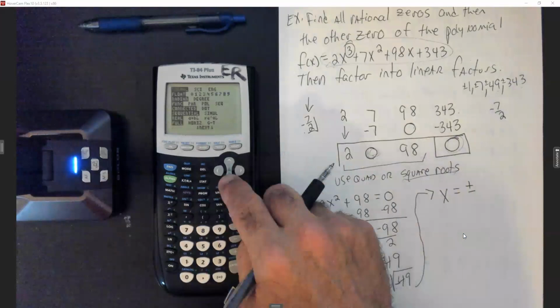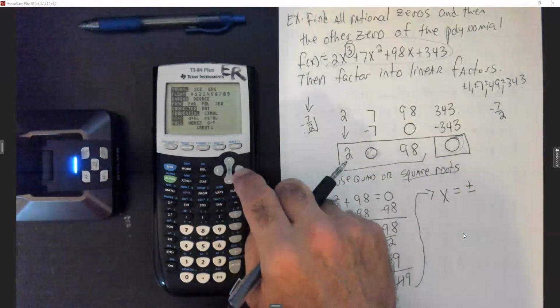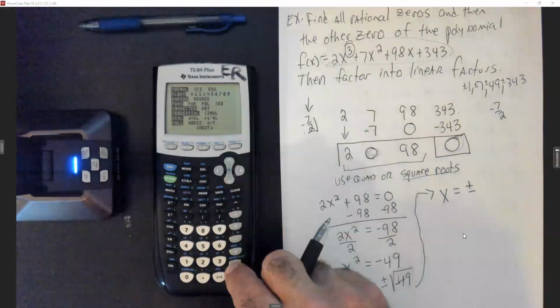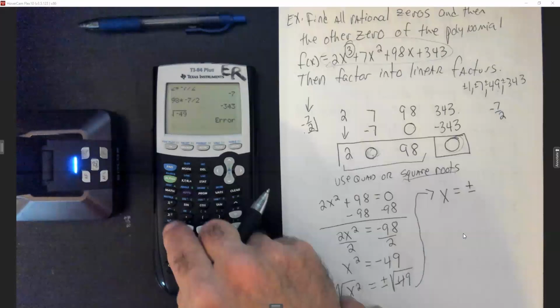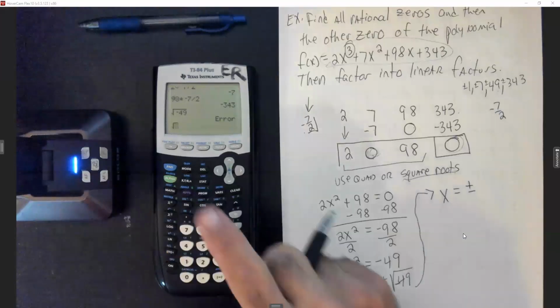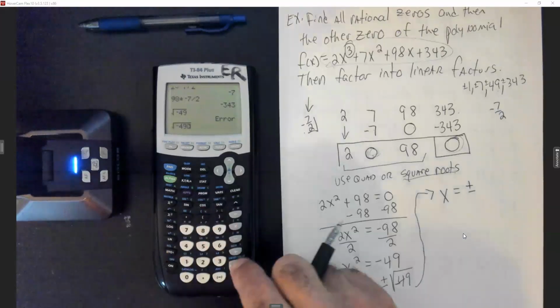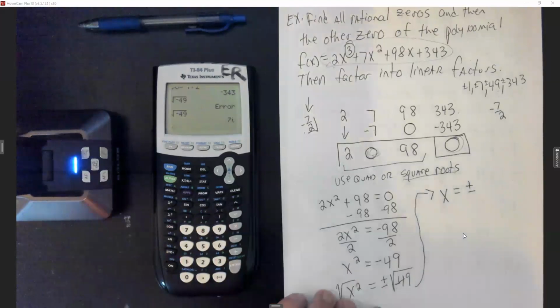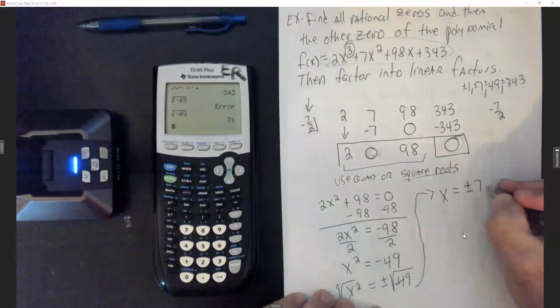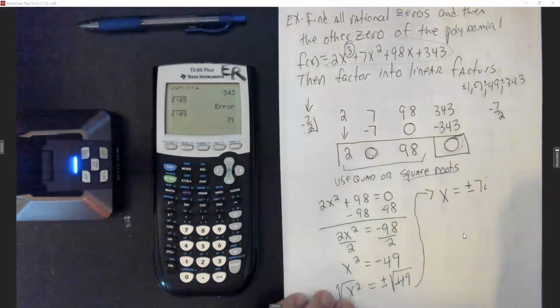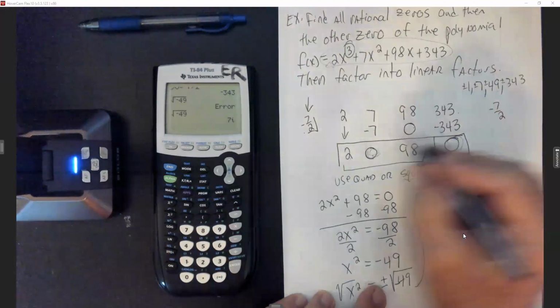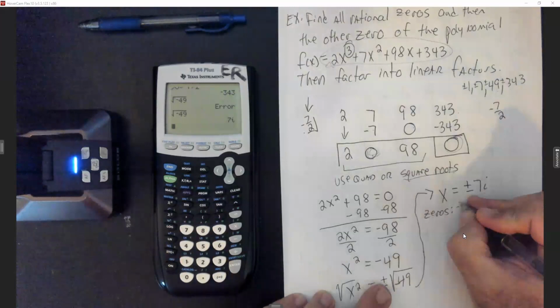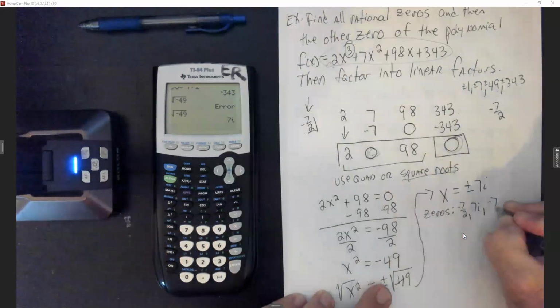Go down here where it says real and go to the right and hit enter. If you keep it in this mode, now when I do the square roots of the negative numbers, watch what it does. Second square root, negative 49. Instead of giving me an error message, it gives me what the square root of a negative 49 is, which is 7i. So my zeros that were left that I found were negative 7 halves, 7i, and a negative 7i.